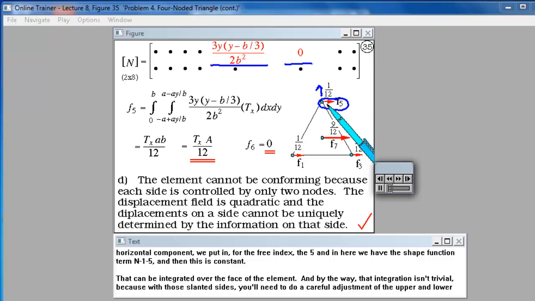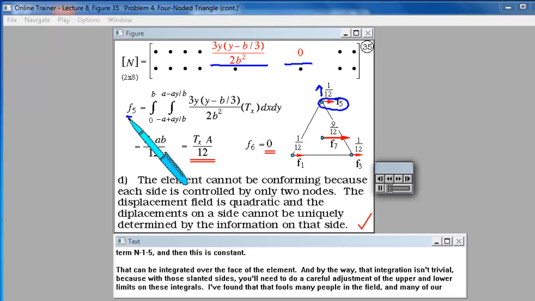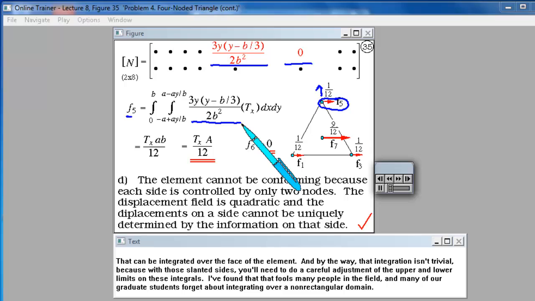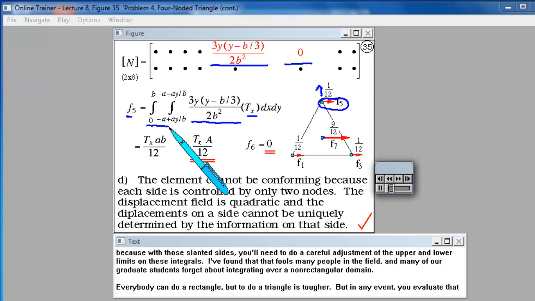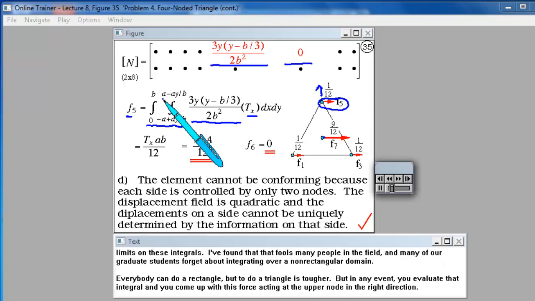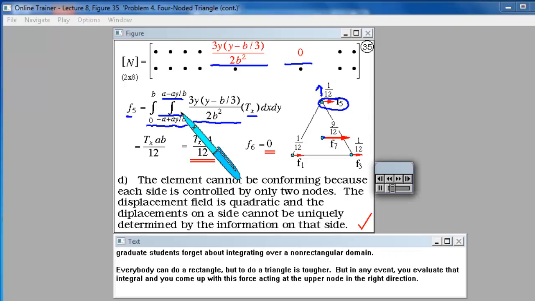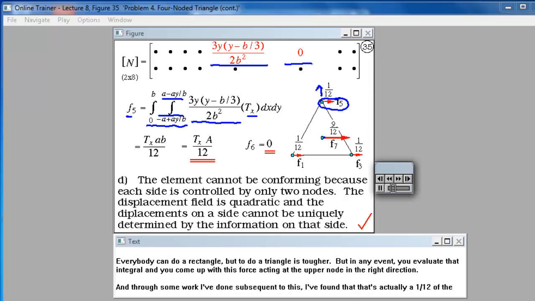Starting with the horizontal component, we put in for the free index the 5, and in here we have the shape function term N15, and then this is constant. That can be integrated over the face of the element, and by the way, that integration isn't trivial, because with those slanted sides you need to do a careful adjustment of the upper and lower limits on these integrals. I found that fools many people in the field, and many of our graduate students forget about integrating over a non-rectangular domain.